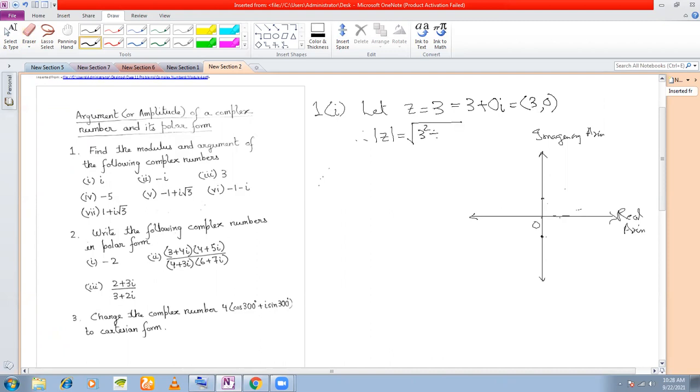Root over 3 squared plus 0 squared, which is equal to 3. Now the argument. Try to locate (3, 0) here. It will lie somewhere over here, right? And what is the angle that it makes? It makes a 0-degree angle, or 0 radians. So the argument of z is equal to 0.